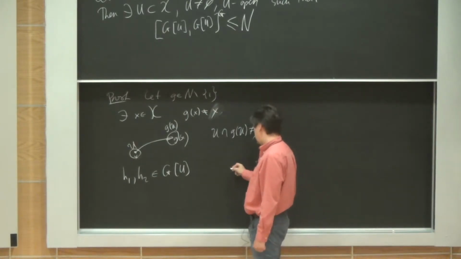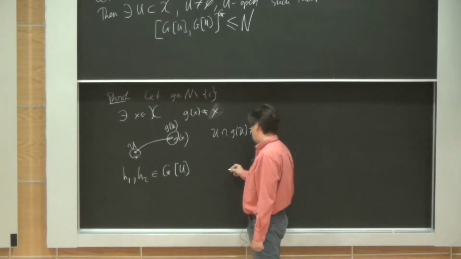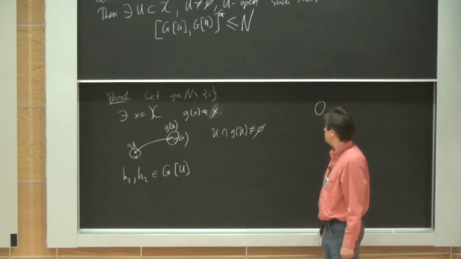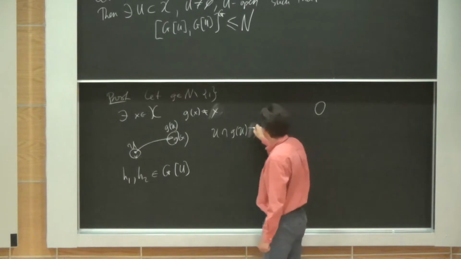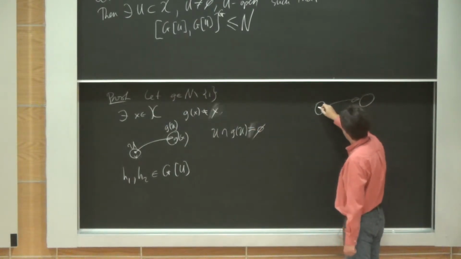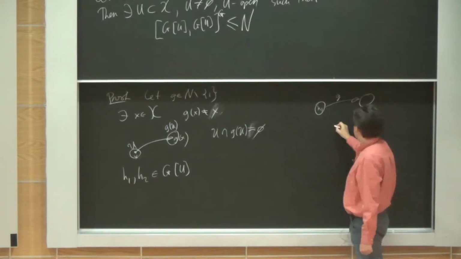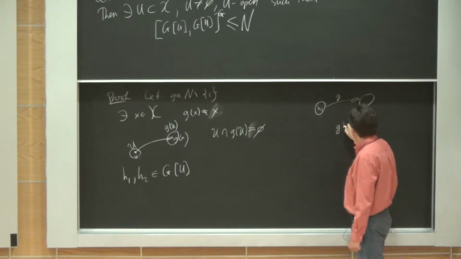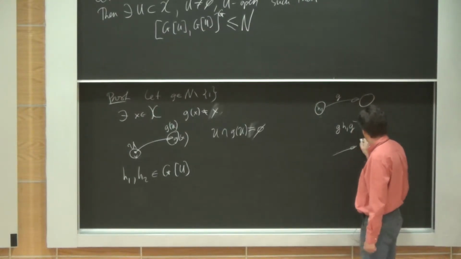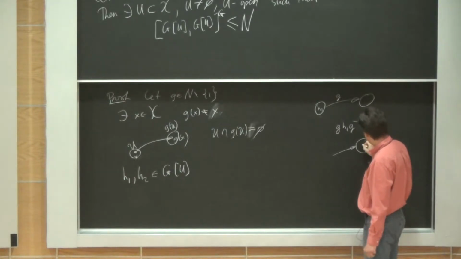Consider now, let me draw the picture. h1 acts only here, only in U. So then if you take g h1 g inverse, it will act only here.